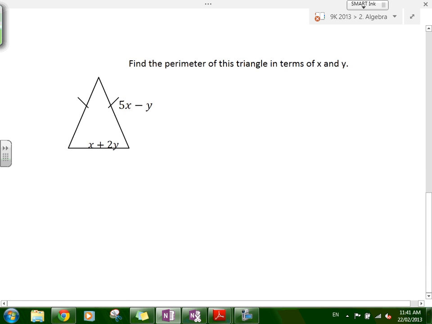It's very quick. Find the perimeter of this triangle in terms of x and y. So we're going to do P for perimeter. What are the three sides, Connor, of this triangle?